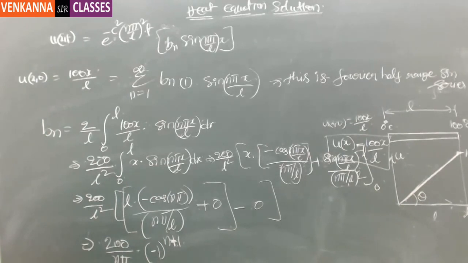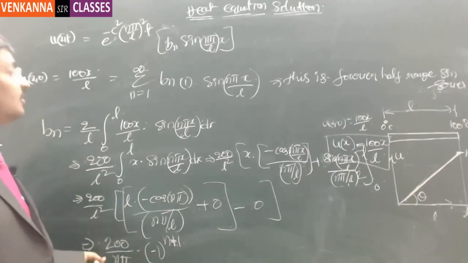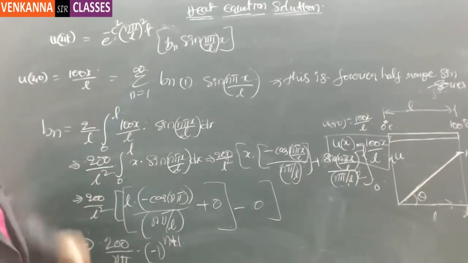Let me check the answer. Yeah, that's correct. Got it? So this is the Bn value. Once you got this Bn value, you can replace it in the original equation.